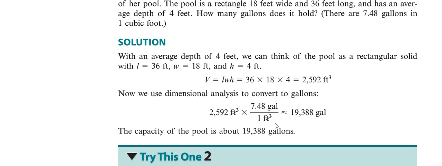They tell us in the problem that there are 7.48 gallons in 1 cubic foot, so we don't even have to look it up online or in the previous sections.